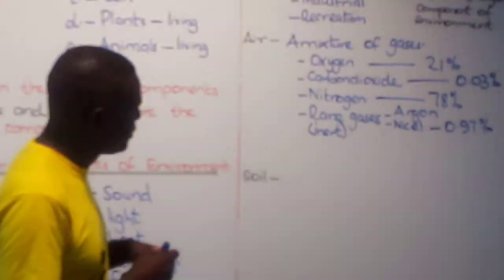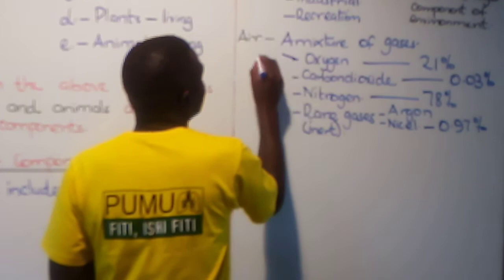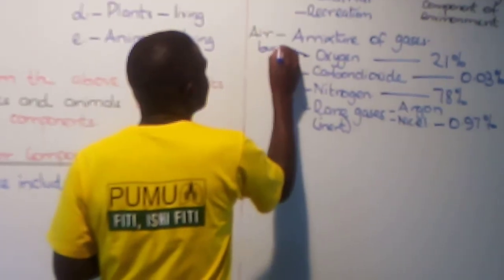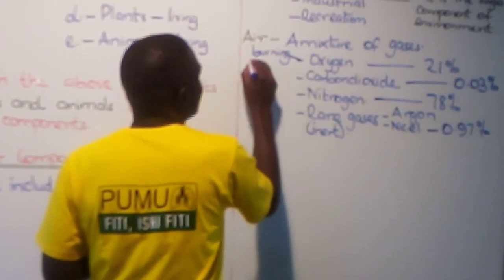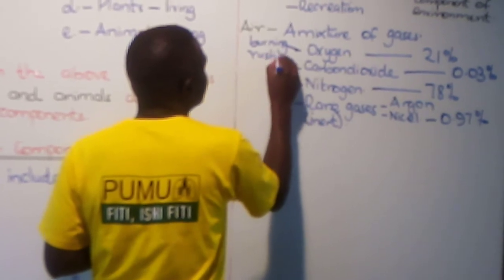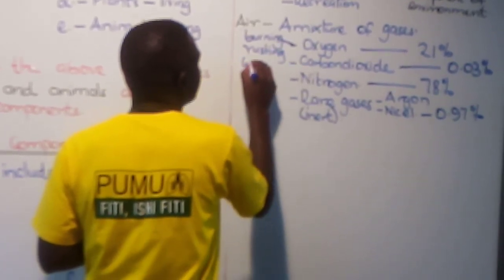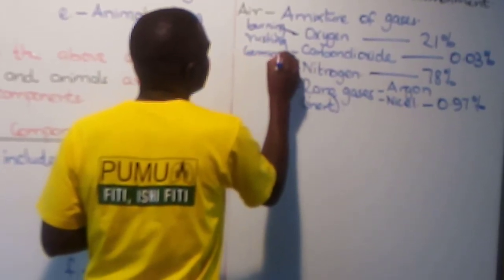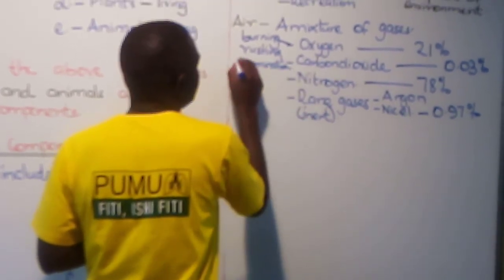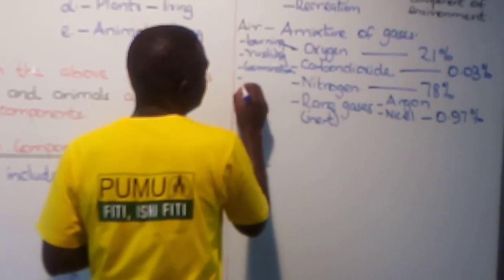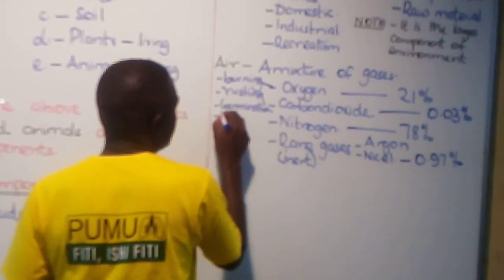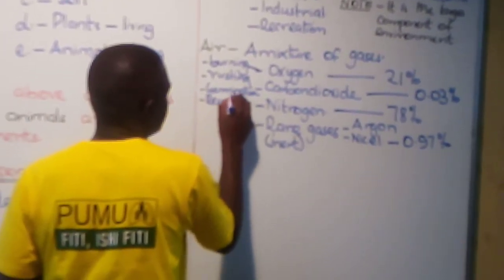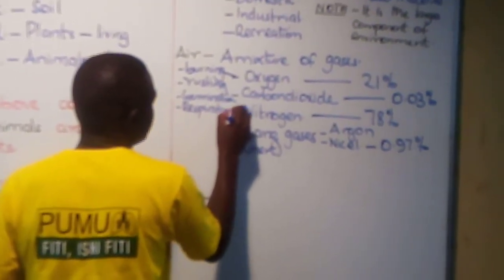Oxygen alone: burning, rusting, germination. Oxygen is also needed for respiration. So it supports life, oxygen.